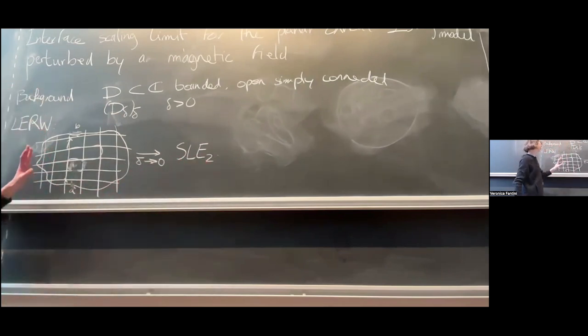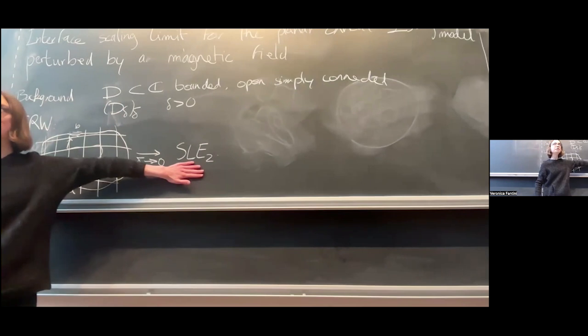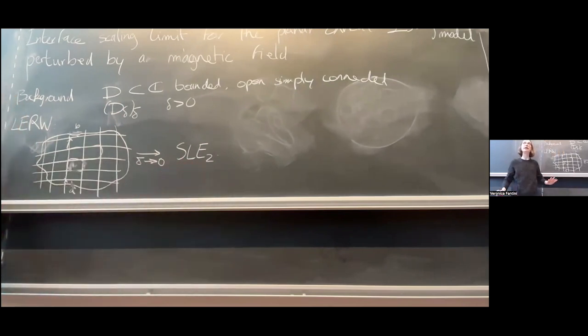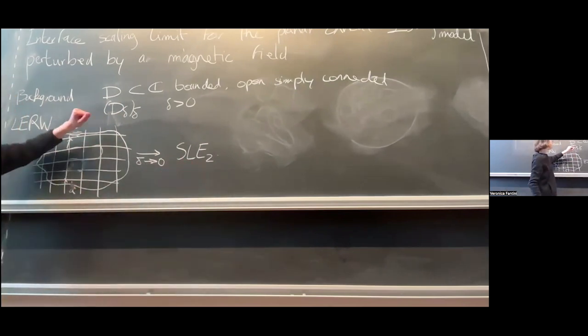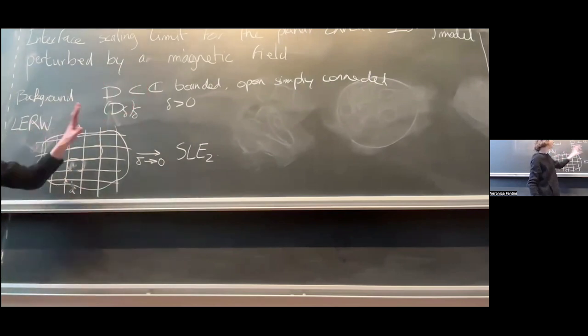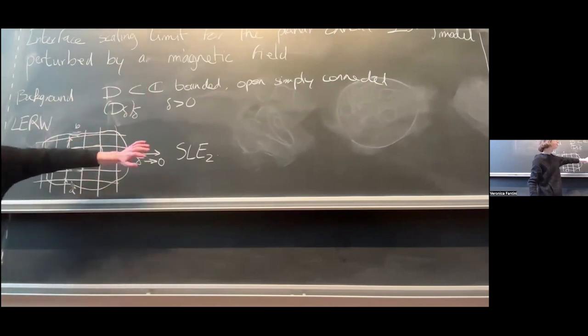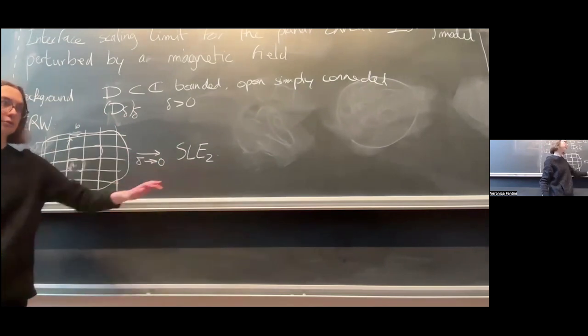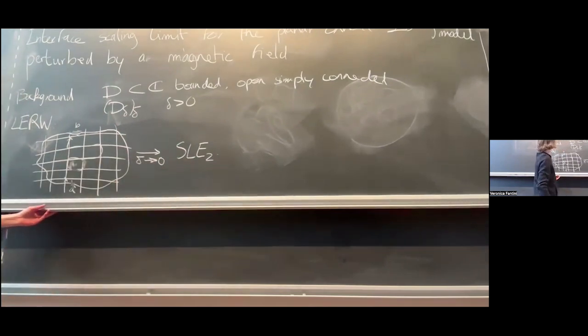This is just a random curve from A to B. One very important property of SLE2 is that it's conformally invariant, meaning that if I take a conformal map from my domain D to another domain, then the image of the curve under this conformal map will again be SLE2. So this is a first example.